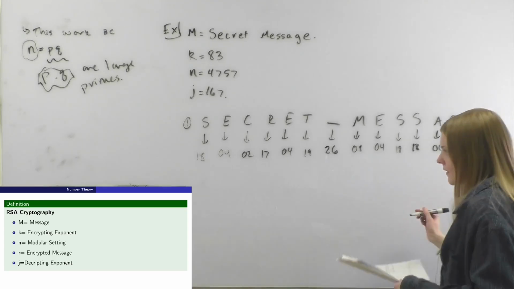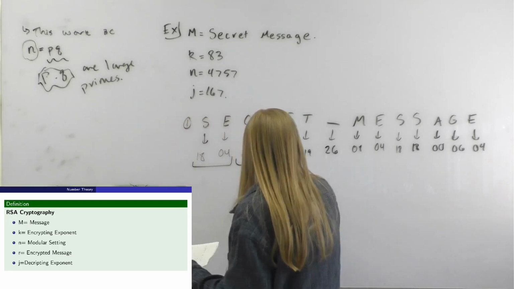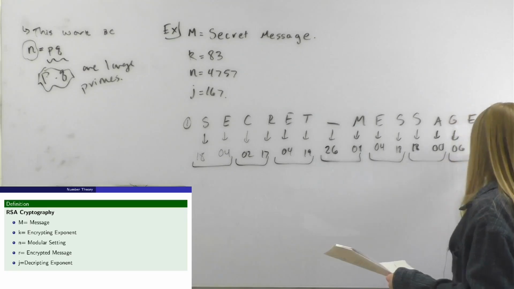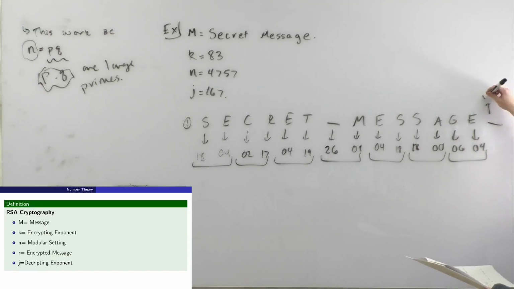And then what we're going to do is chunk these into two. Okay, and I just so happen to pick a message with an even number of things here. But what if this was odd? What would we do here? Yeah, we're just going to add a space, but we don't need it. But if it was odd, that's what we would do.